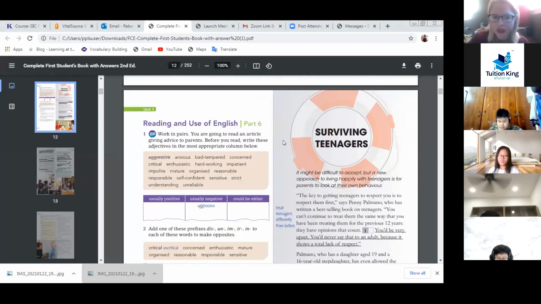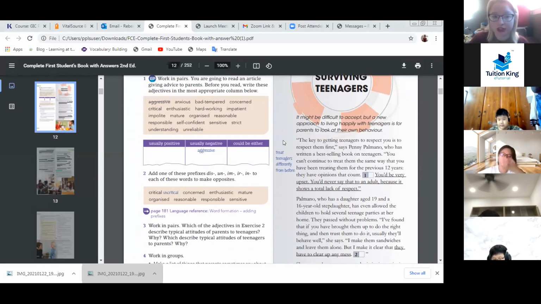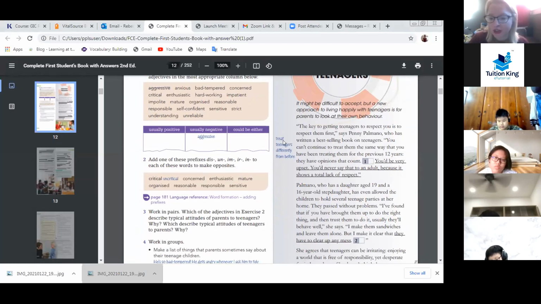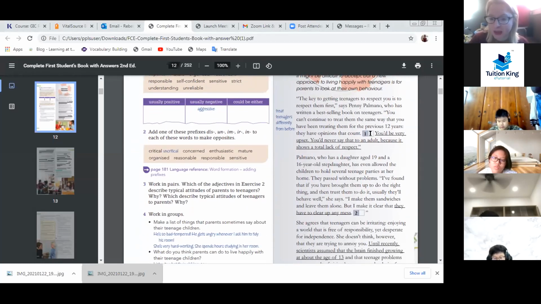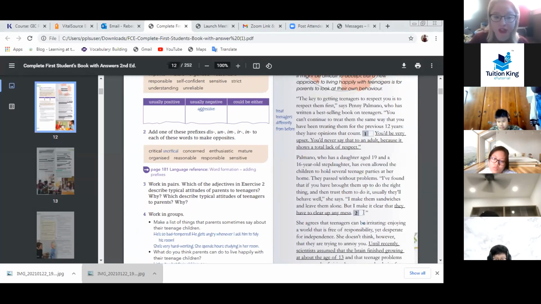Okay, so the reading that we're referring to today is on page 10, called Surviving Teenagers. You can see here that there's something missing, and it's just labeled 1. And again, in this paragraph, there's a sentence missing here, labeled 2.